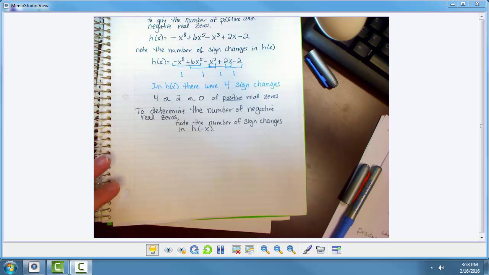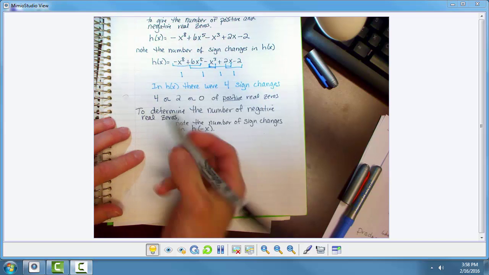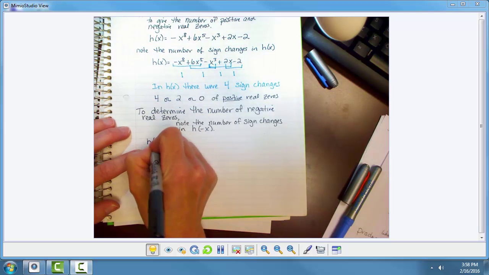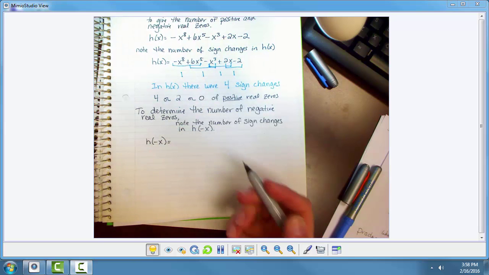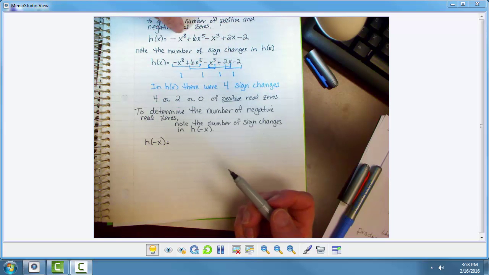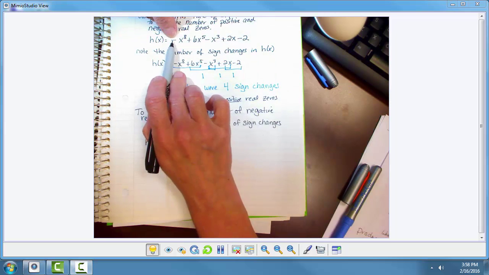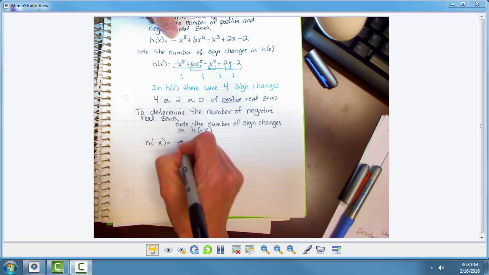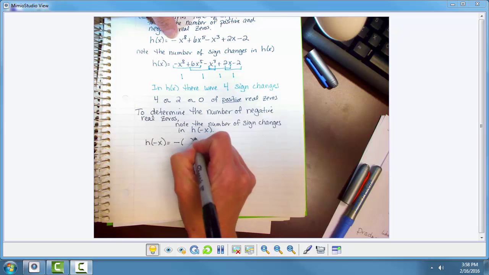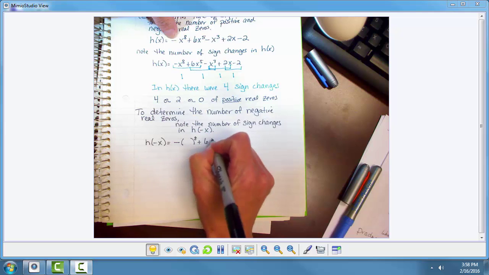Let me go ahead and show you the substitution so you can see what I'm talking about. I'm going to go back to the original function, this big ugly one up here, and wherever there's an x, I'm going to put in negative x. Now keep in mind, this negative out here is going to have to stay here. Let me rewrite it with just parentheses first.